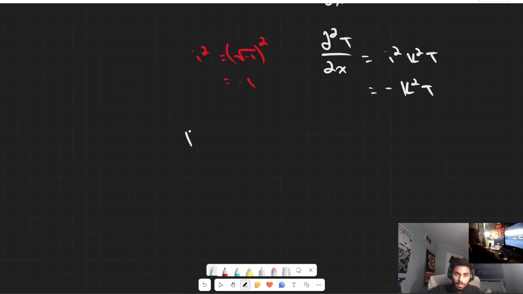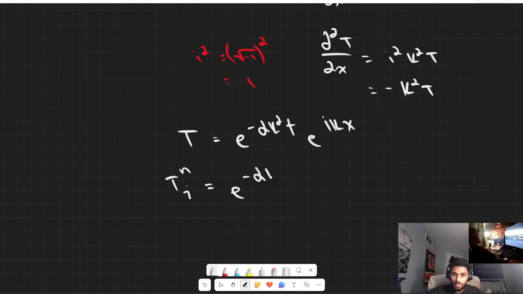So let me rewrite this out here. So e to the minus alpha k squared t times e to the i k x. Wrong t, this is time. So if we were to say that this t is specified for some time n and some position j, we can add that discretization into our exponents here.